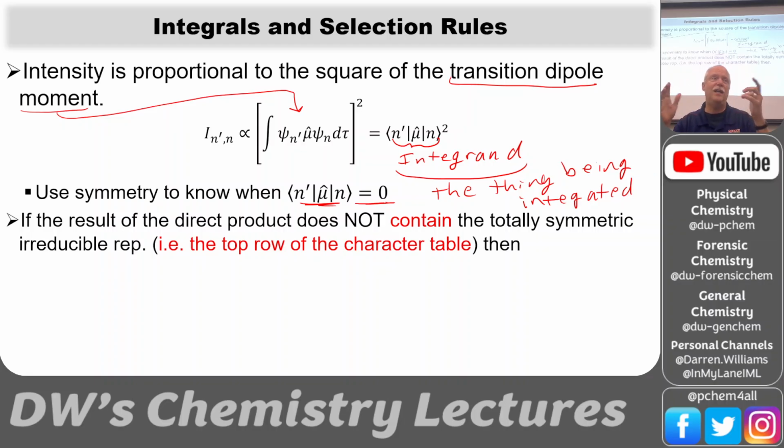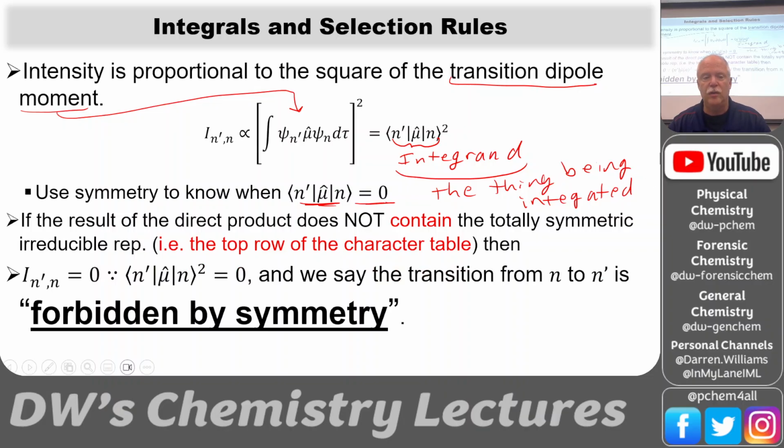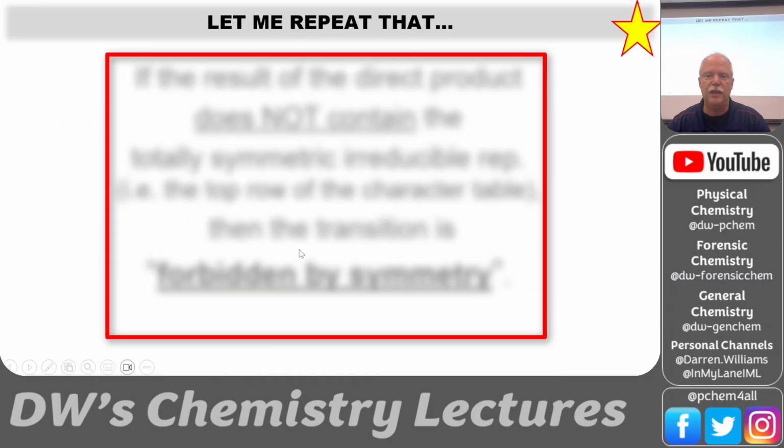If that integrand is not even, then the integral will be 0. So what do we mean even? Even means top row of the character table. So it will be forbidden by symmetry. If that integrand is not the top row, then this integral will be 0, and we would call this a forbidden transition.